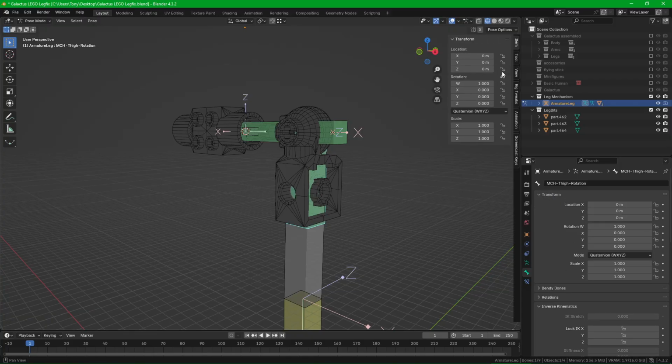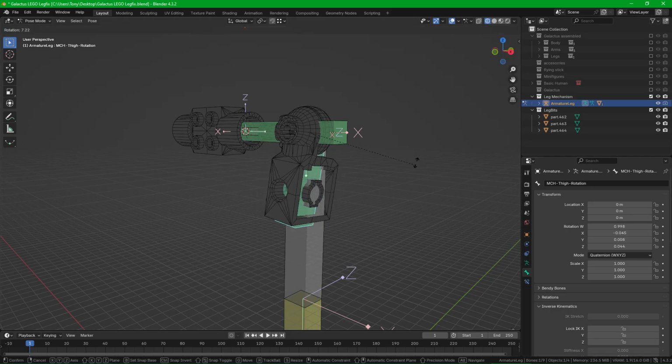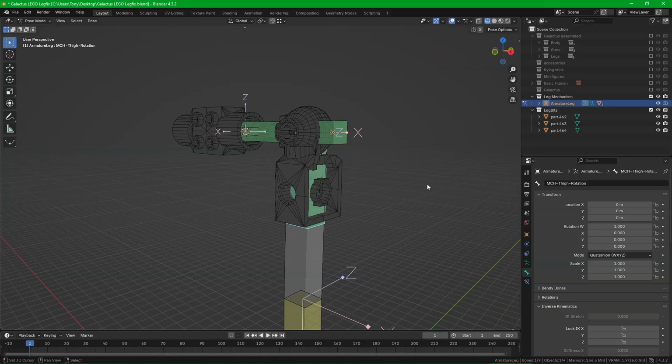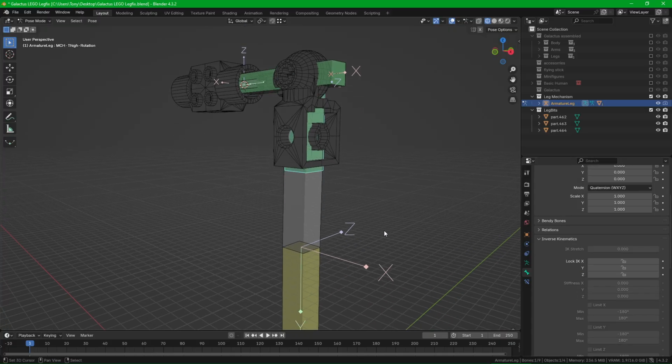Yeah, these here are the same as these here, and they're just for transformation, aka your ability to move it in the viewport. It doesn't affect the mechanism. What affects the mechanism is this part here, because these actually have an IK on them, and they're in a chain.